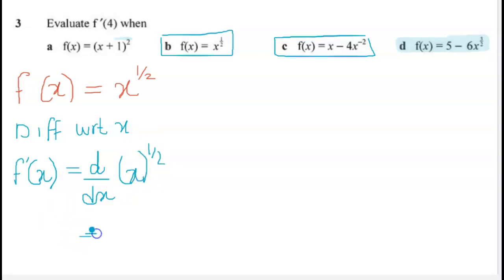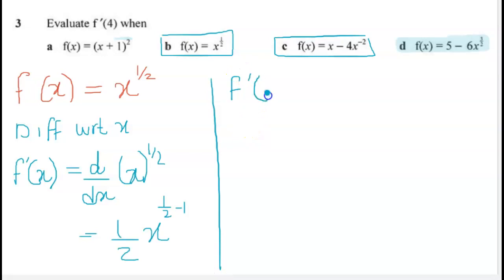According to the rule, the half comes out, reduce the power by 1, so half minus 1. Half minus 1 is actually another half, but a negative half. So that will become half x to the minus half.